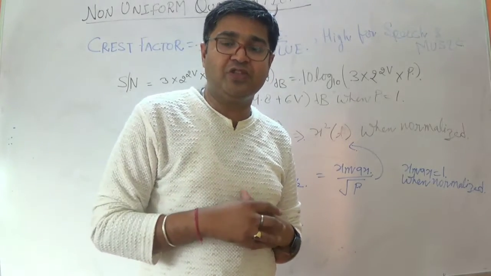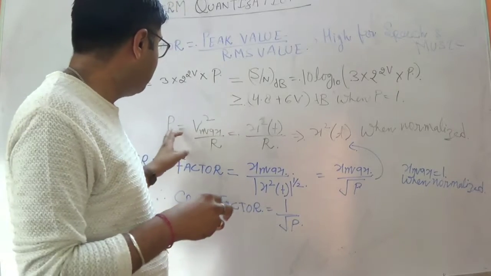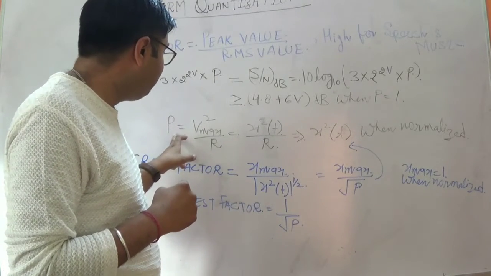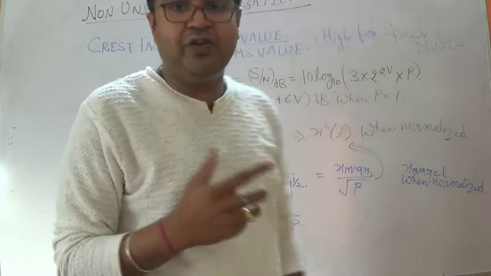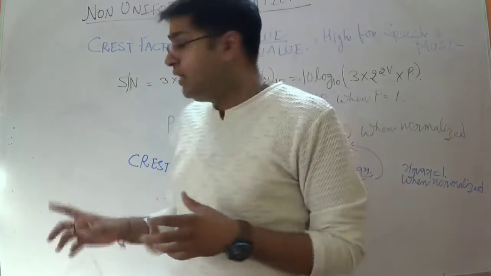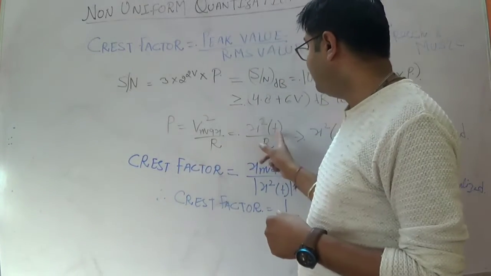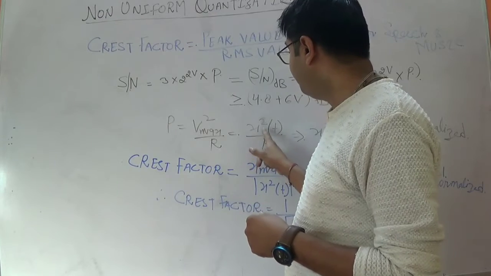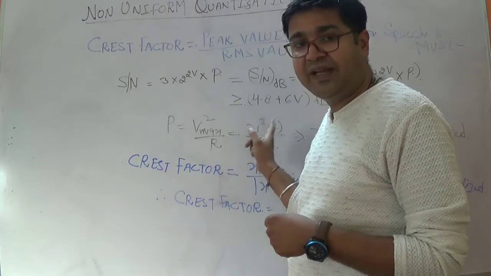So, unit power will decide the normalized quantization. Now, in this value, we have to calculate P. Whenever we are talking about P, it is V maximum square upon R. That is the normal way of calculating anyone's power. Now, whenever we are using normalization, this will be comprised of x square t, because this component is the signal x(t).